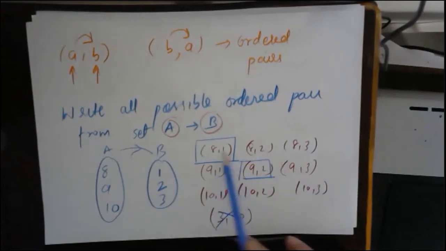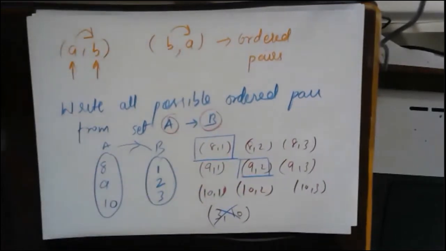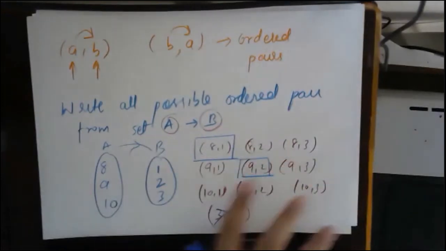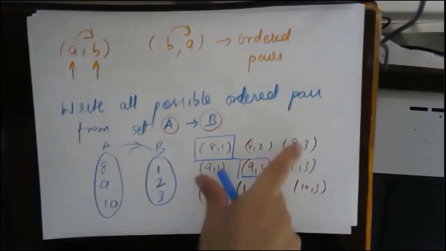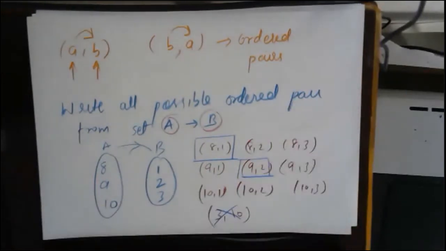Now see, I have written all possible ordered pairs from set A to set B. This is also called the Cartesian product. A name given, just a name given.